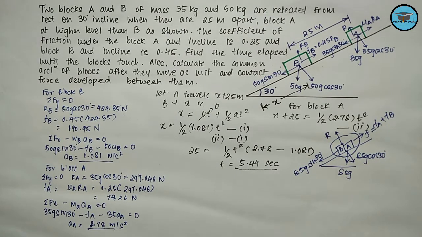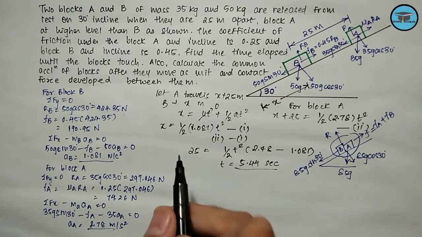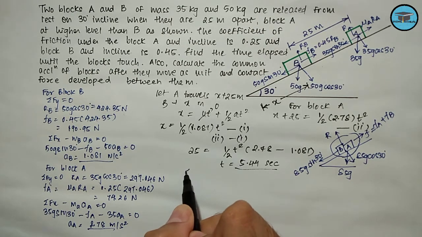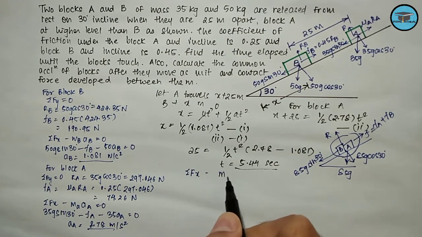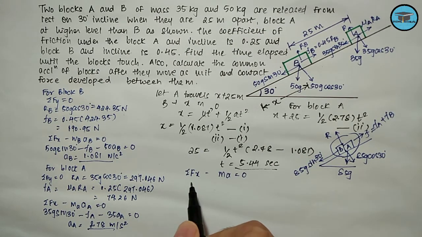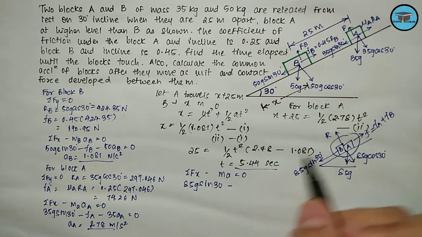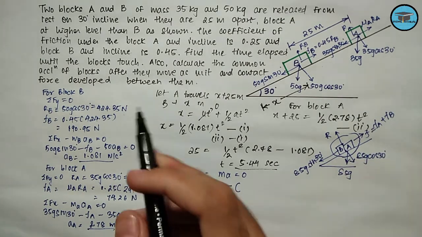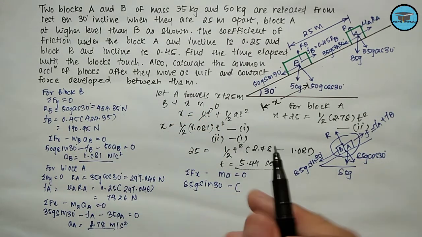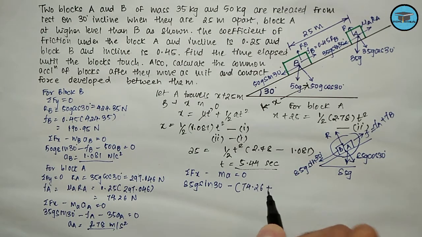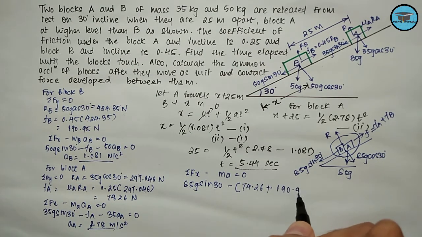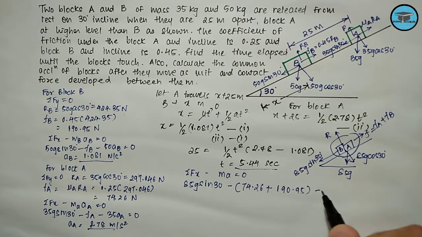Okay, so now we apply D'Alembert's principle in the horizontal direction. So sigma Fx minus mass into acceleration equals 0. So the force in the horizontal direction, 85g sin 30 minus (f of A plus f of B), that is 74.26 plus 190.95, minus total mass, that is 85, into common acceleration, equals 0.